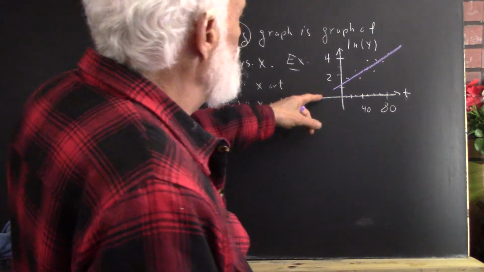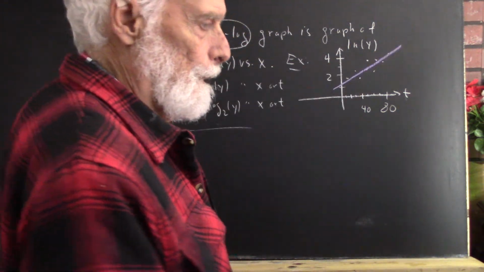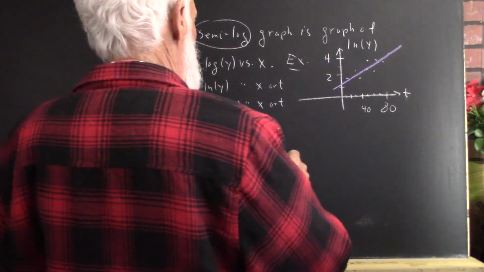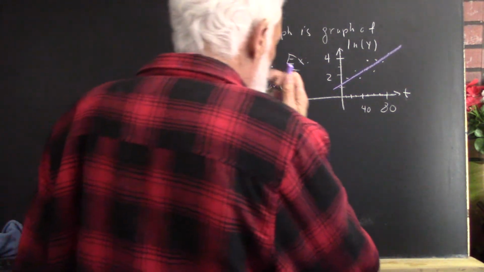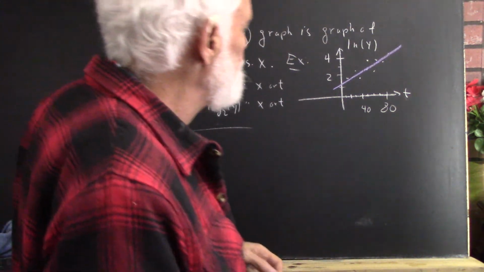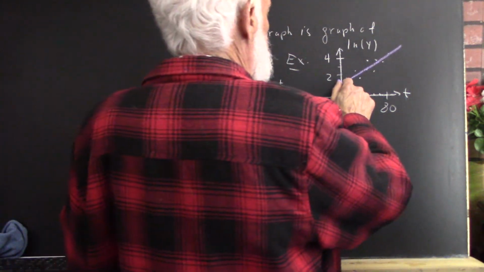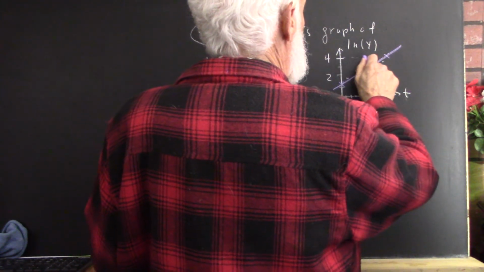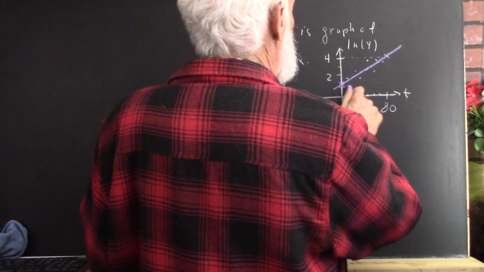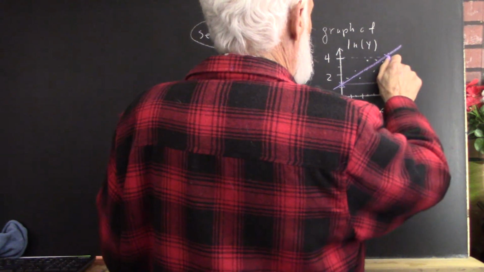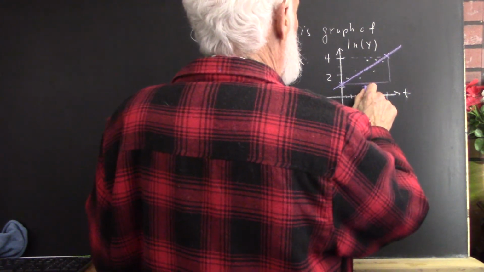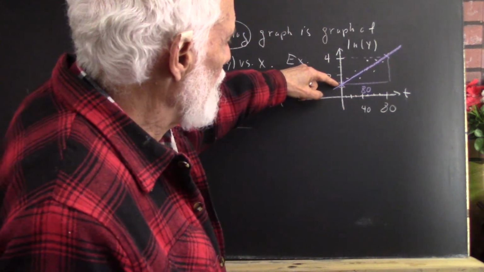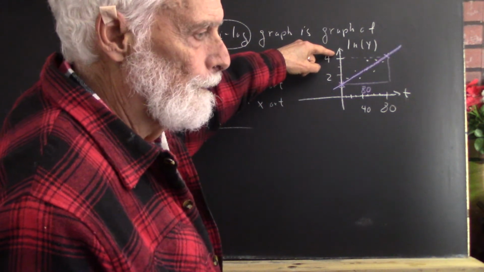Okay, so what's the equation of my line? Okay, well, the line appears to have a slope, let's just say between this point and this point. If I do my fundamental triangle, I've got a run of 80 and a rise from about, I think, 1.3 up to 4.